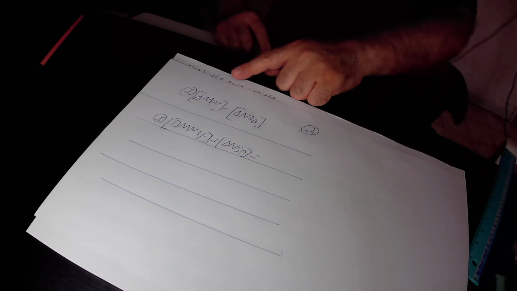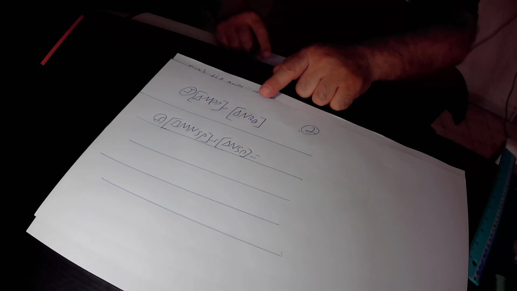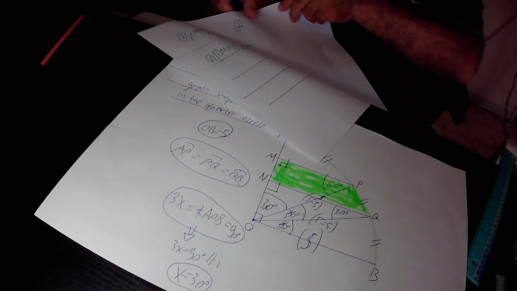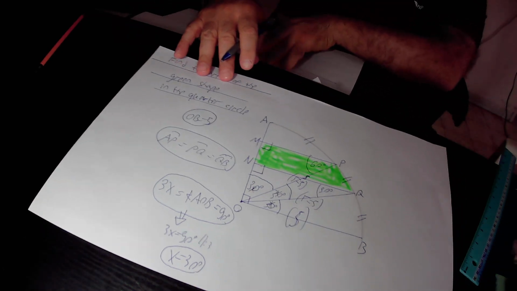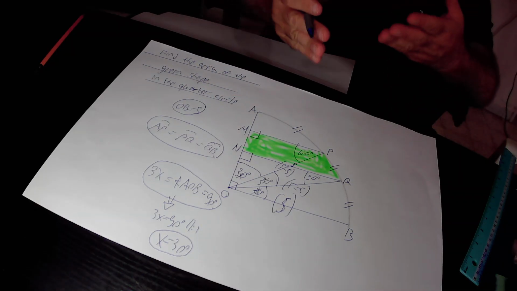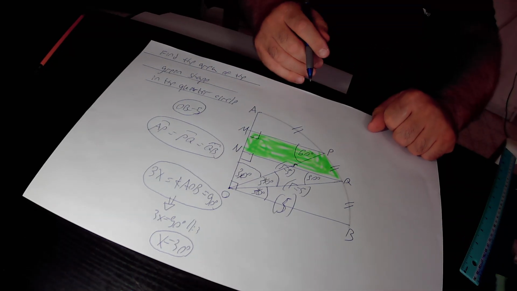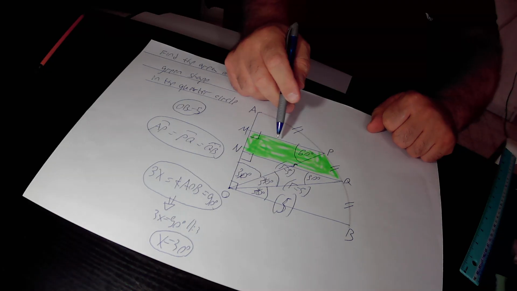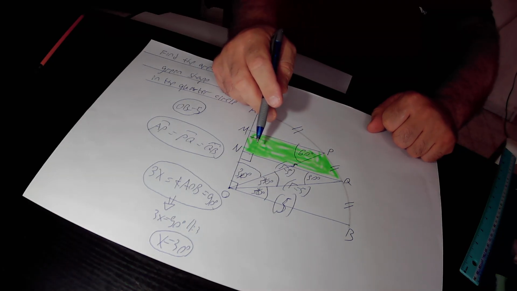And according to equation number 1, the area of triangle MPO is equal to the area of triangle NQO. So this is triangle NQO. It is very easy to see from the drawing that this right triangle NQO consists of two components.